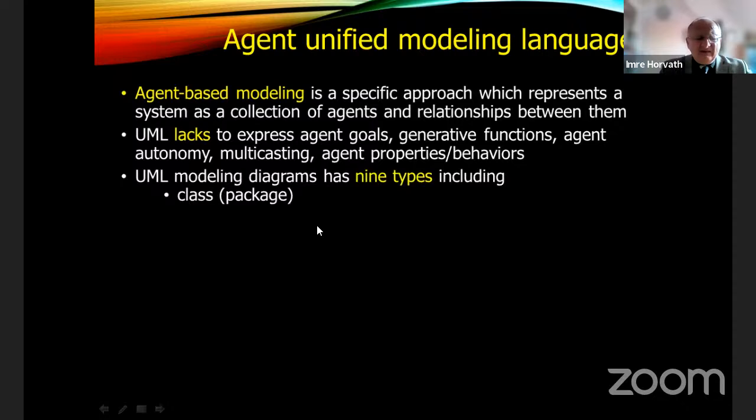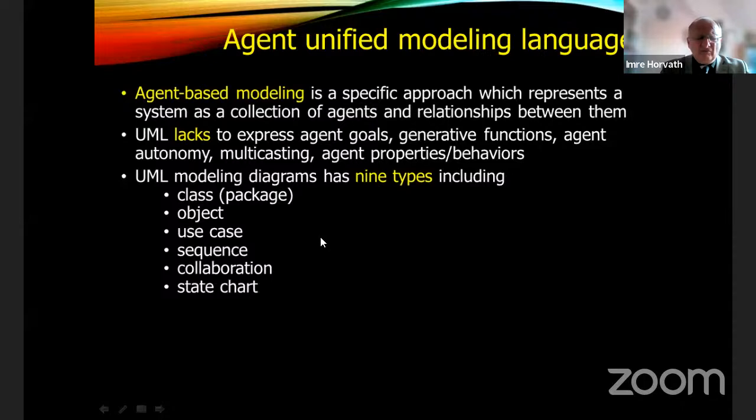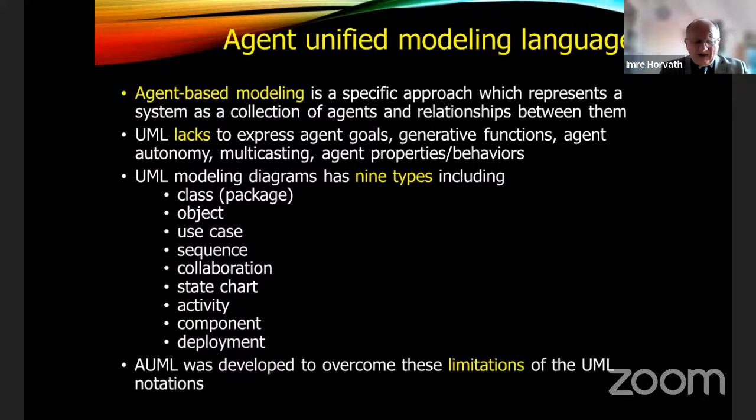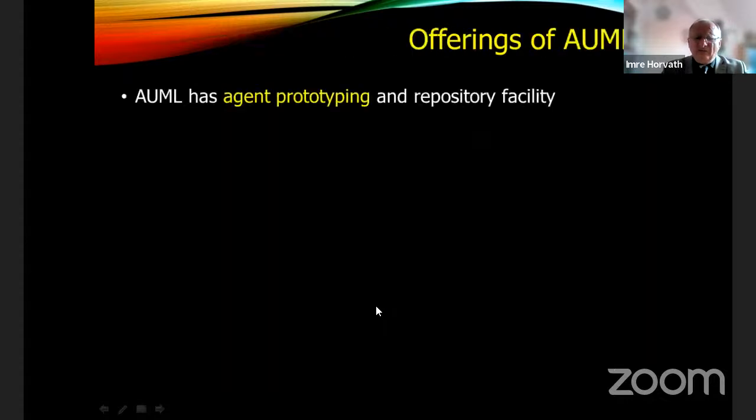I believe the UML is known to most of you, and you know that it offers 9 types of conceptual elements for representation of systems. These are mentioned here. However, this is a limitation because none of them is specific to agents and agent operation, and therefore an agent unified modeling language has been developed which tries to overcome these limitations of the UML.